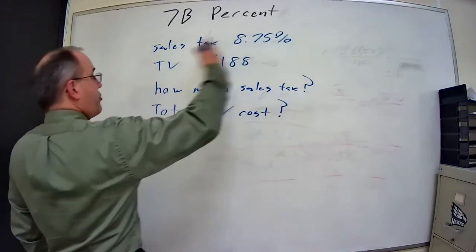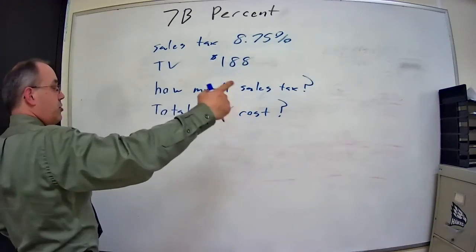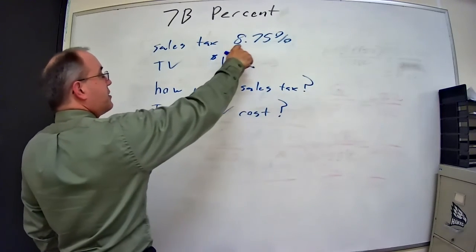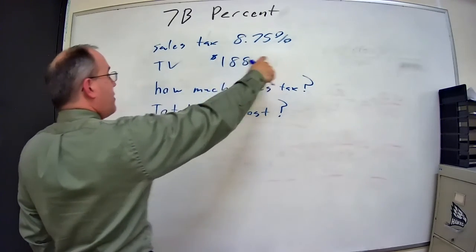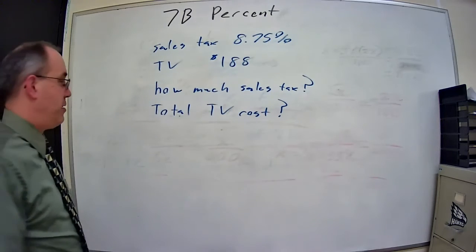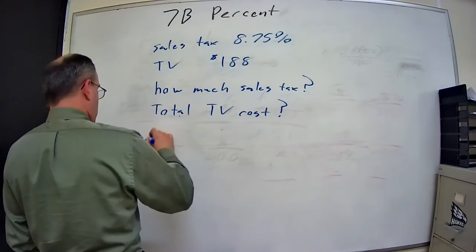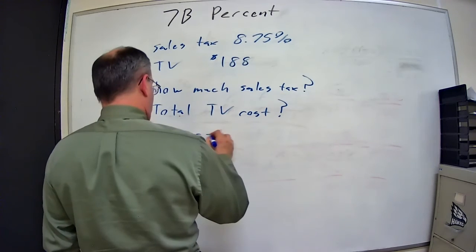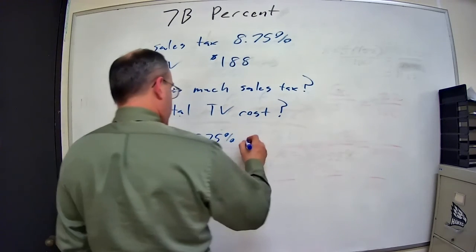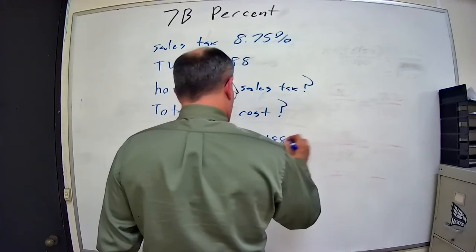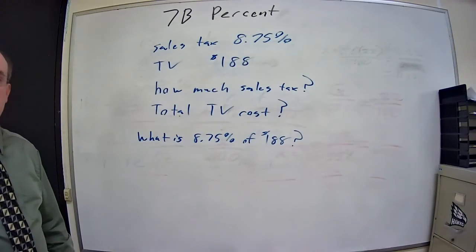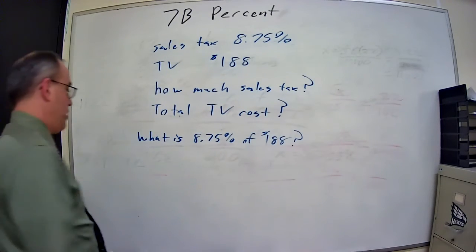So we're trying to find how much is 8.75% of 188. So what is 8.75% of $188? That'll give us our sales tax.